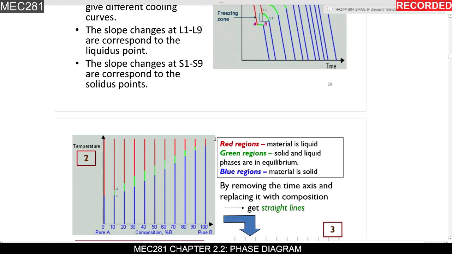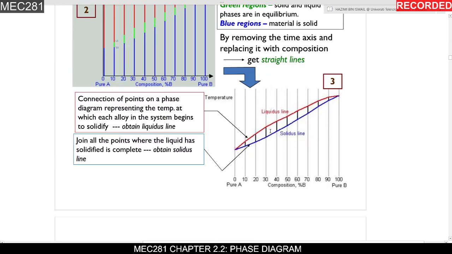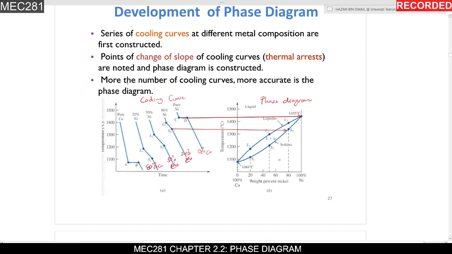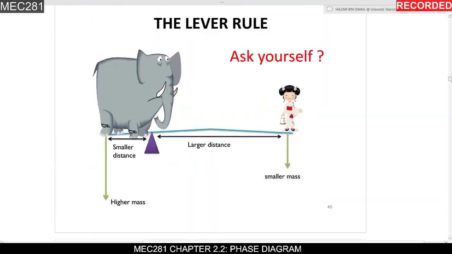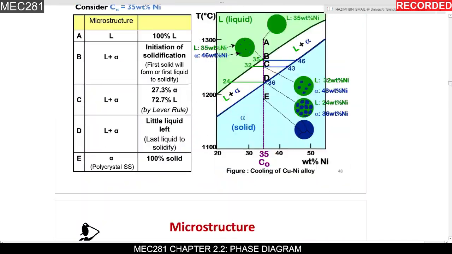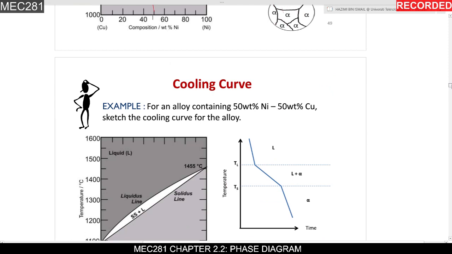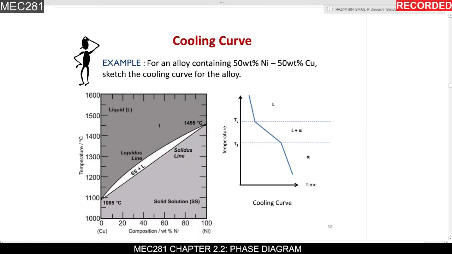Tengok balik. Saya dah cerita dekat video sebelum ni. Belajar balik. Daripada phase diagram, macam mana nak buat cooling curve? Awak tengok balik. So, that information we are going to apply here in this example. So, dia akan bentuk jadi macam ni lah.